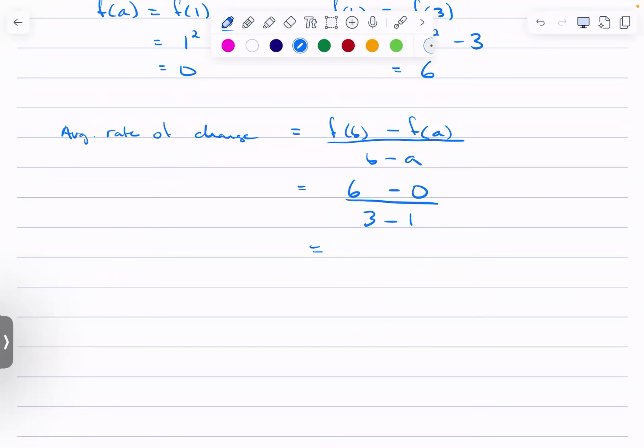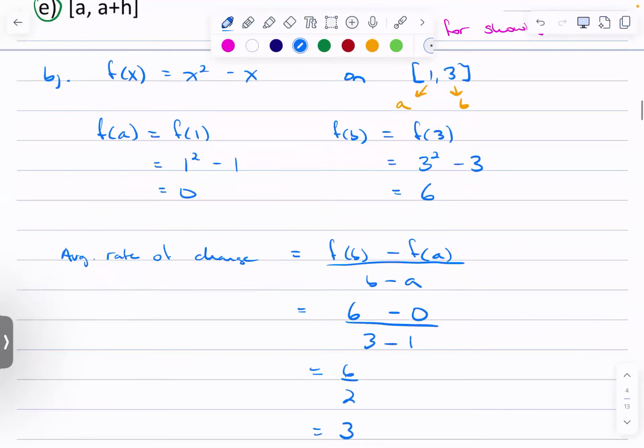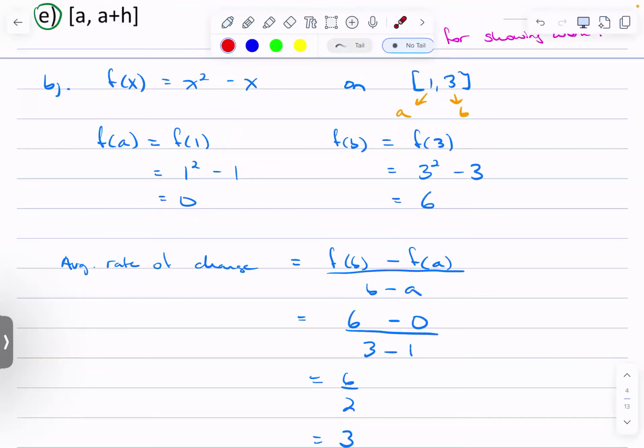I get 6 over 2, which is 3. Nice. So even though we have no idea what x squared minus x looks like, we can still just use the formula to find the average rate of change.